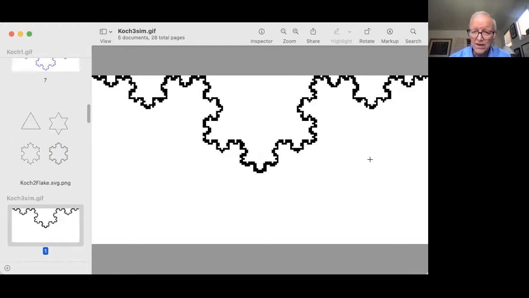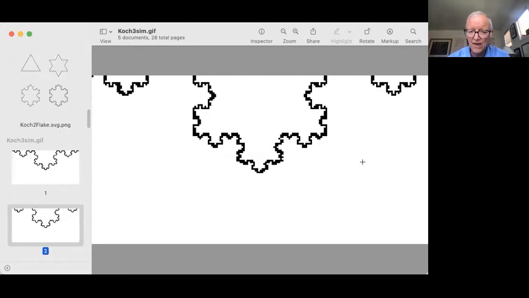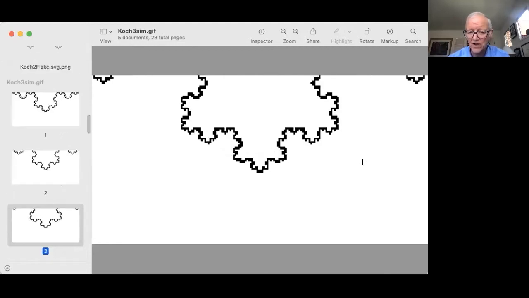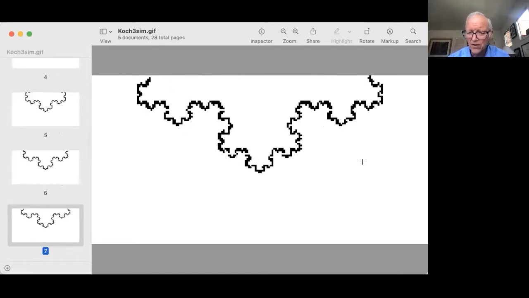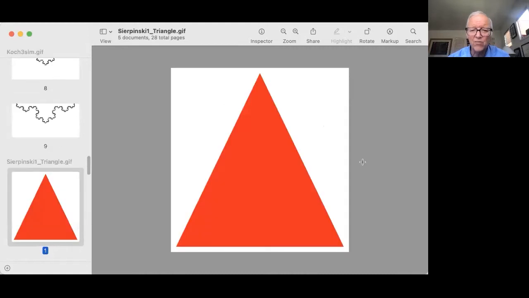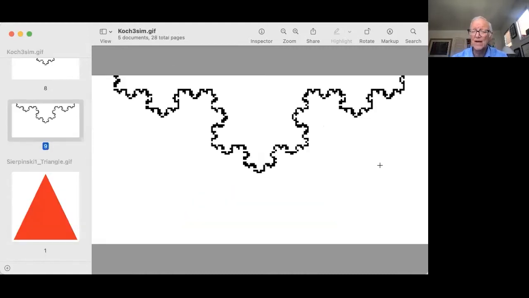What that means is that if I look at the bottom corner and I zoom in, so imagine that you have a zoom lens, and you zoom in and you continue to do that, you see the same structure repeat itself on a smaller and smaller scale. So this is one step, that's the next step. And you can see that you're getting closer and closer, but you're seeing the same thing on a smaller and smaller scale.